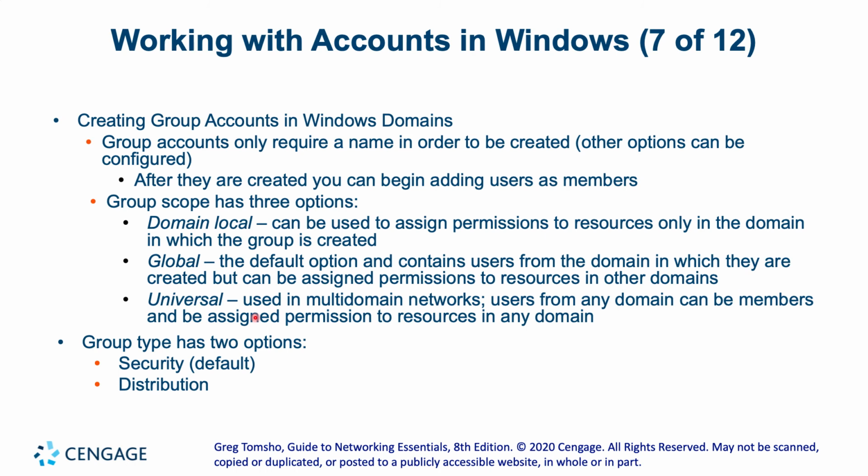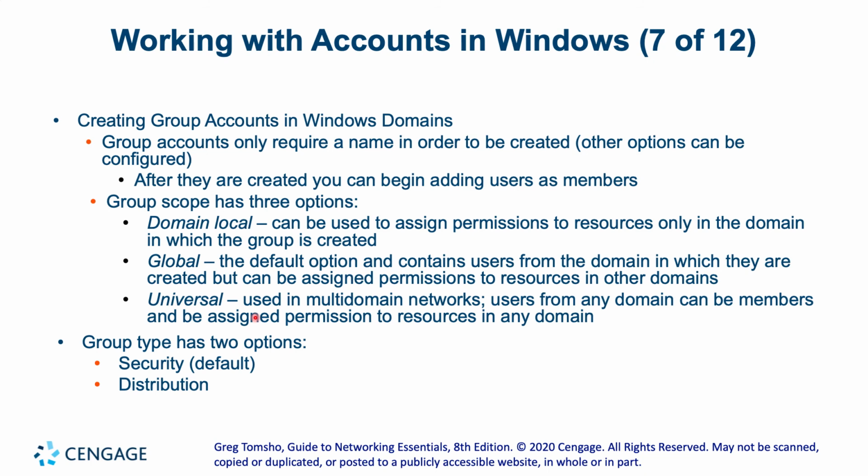There's 3 different options that you can create. One type of group is called domain local. It can only be used to assign permission to items in the same domain. You can have a global group. You can assign permission from the domain in which they're created, but can be assigned permissions or resources in other domains.